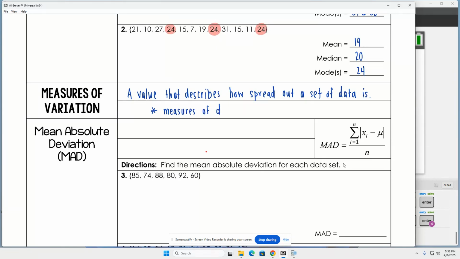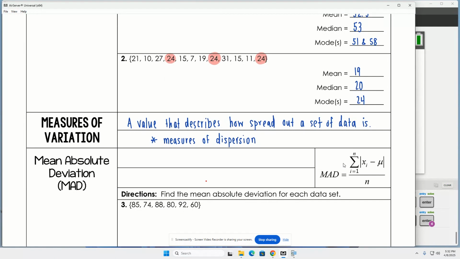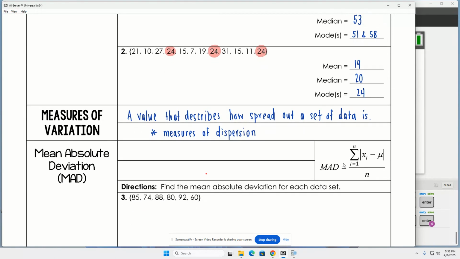So real quick, before I even show you these, let me just explain why you need to know variation. Sometimes it's good to know the averages, like we have up here, but sometimes it's good to know how tight your data is. If your data is real tight, you can really have confidence in what that data is telling you. But if it's really, really spread out, you can't really trust it as much.